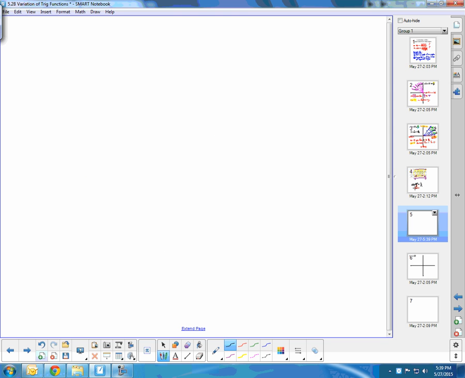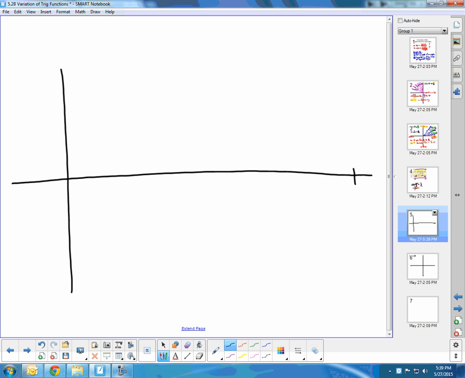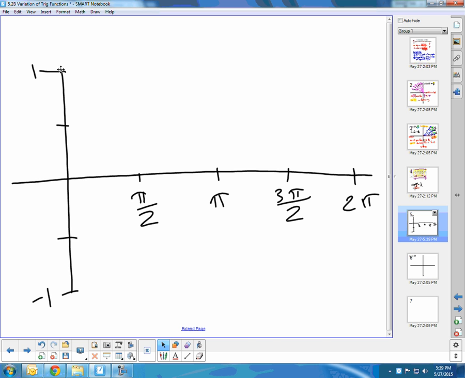Furthermore, it can help you derive the graph of the cosine function. If I'm going to graph the cosine function from 0 to 2 pi, most of you may have done this at this point, maybe not everybody. But what I know from my quadrantals is that cosine of 0 radians is 1. So I have a point right here.